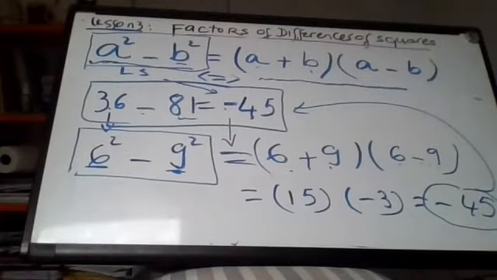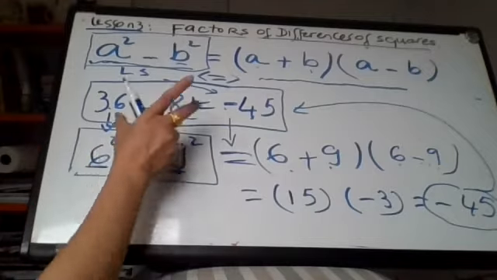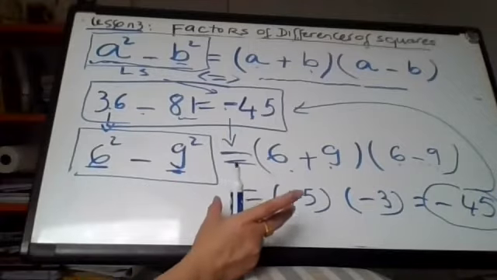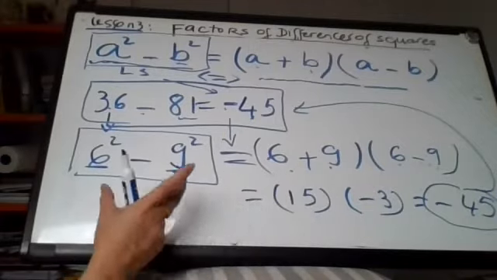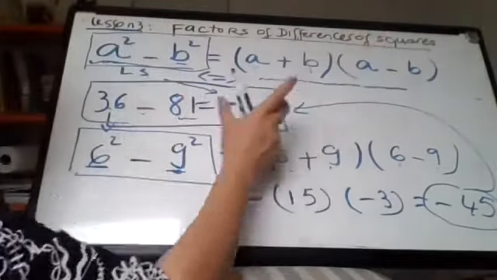So what does this tell me? It tells me that if I perform this formula, I got it correctly. I just proved to you that left side equals right side.